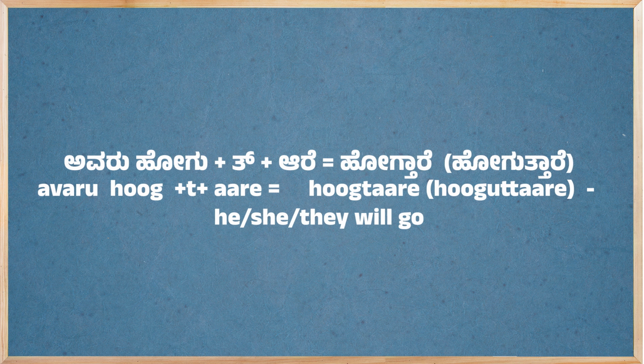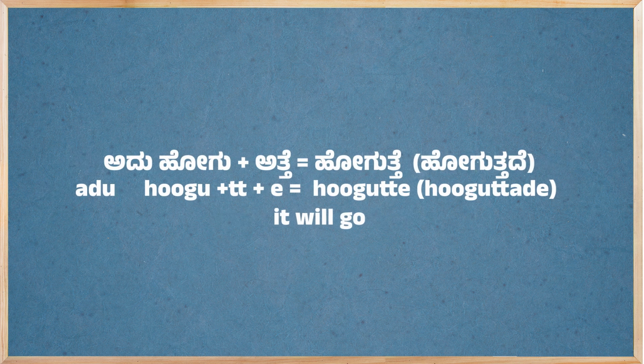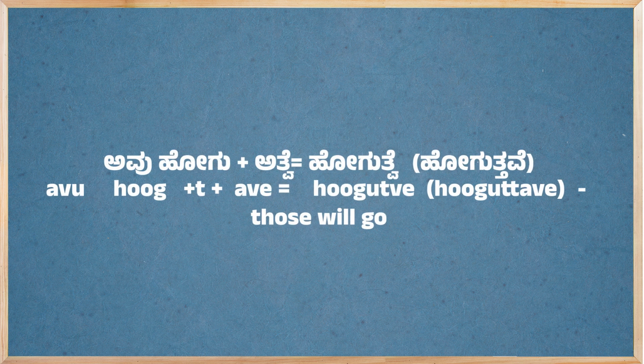He, she or they will go. ಅದು ಹೋಗು plus tha plus a becomes ಹೋಗುತ್ತೆ or ಹೋಗುತ್ತದೆ. It will go. ಅವು ಹೋಗ್ plus tha plus ave becomes ಹೋಗುತ್ತವೆ. Those will go.